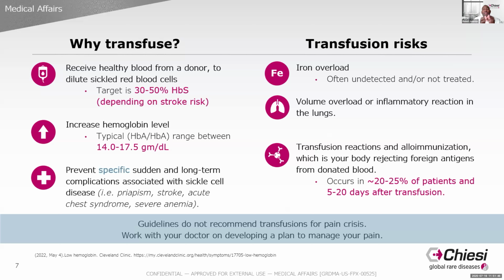Ideally, what one targets, if this is the approach that one is taking, is to get a percentage HbS below 30%. The other is to increase hemoglobin level. Under typical situations, the average person has a hemoglobin level of about 14 to 17.